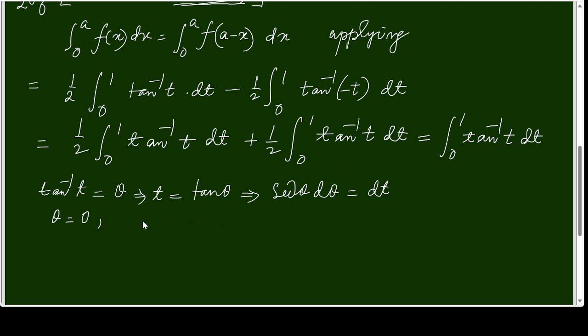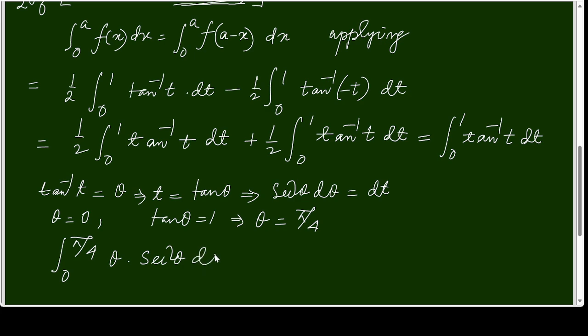For t equals 1, tan theta equals 1, so theta equals pi by 4, which is the upper limit. So this is the same as integral 0 to pi by 4 of theta into sec square theta d theta. Then we will apply integration by parts.